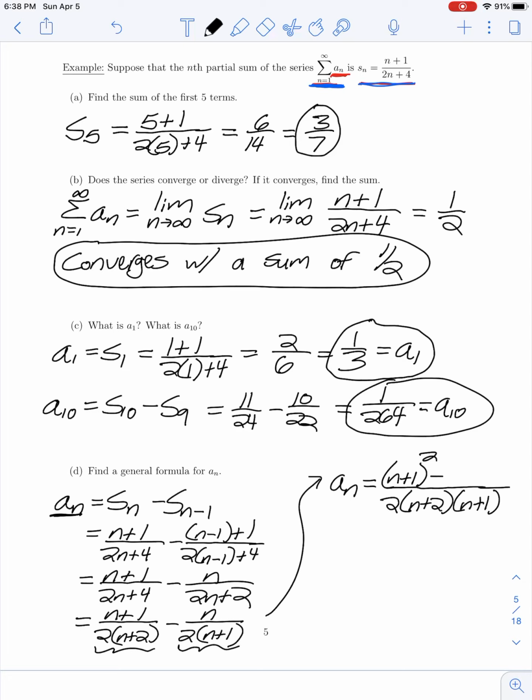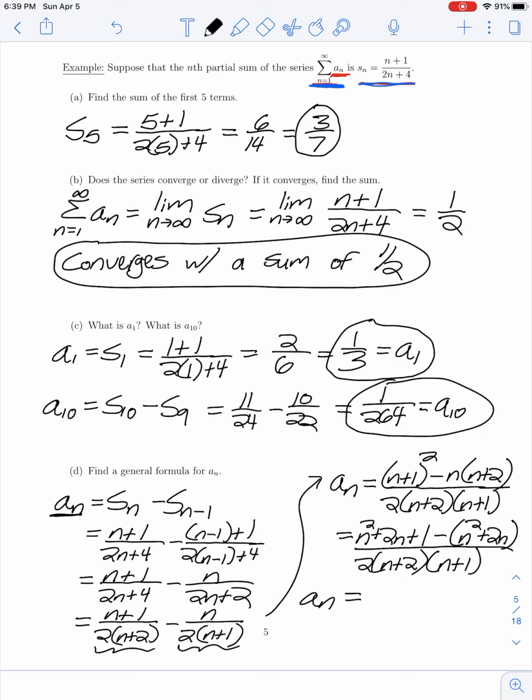In order to get that denominator, I would have to multiply the numerator n by (n + 2). So if we expand our numerator, we have n squared plus 2n plus 1 minus the quantity n squared plus 2n, all over 2 times (n + 2) times (n + 1).